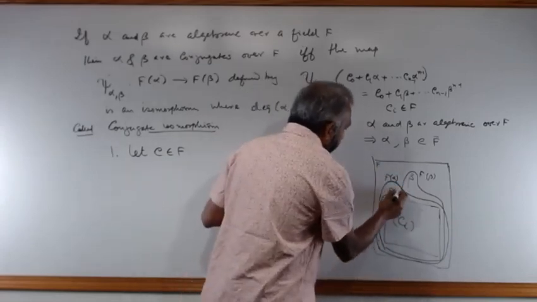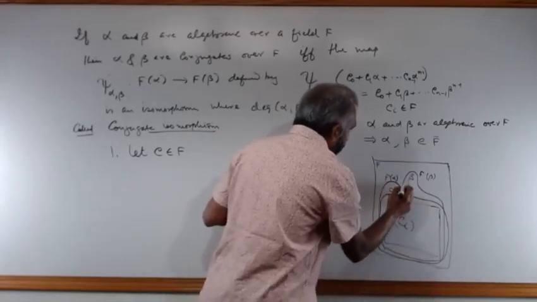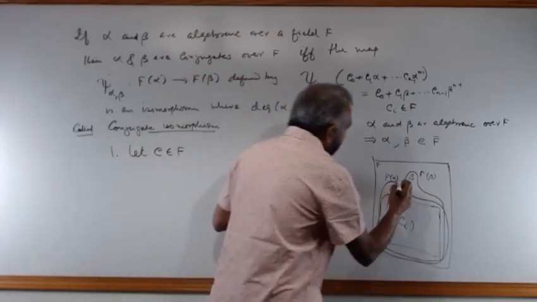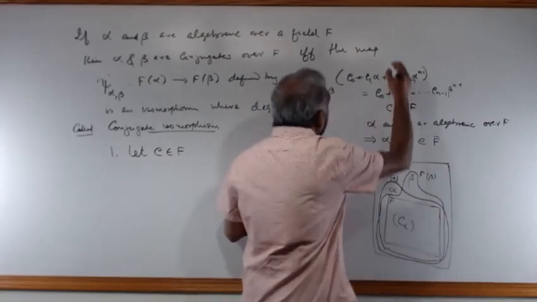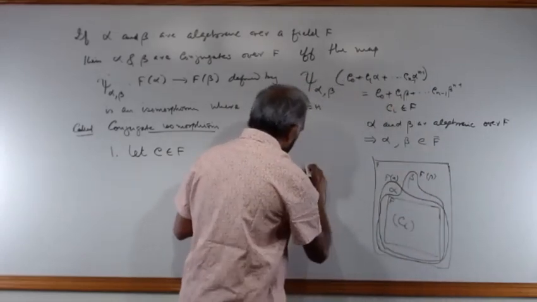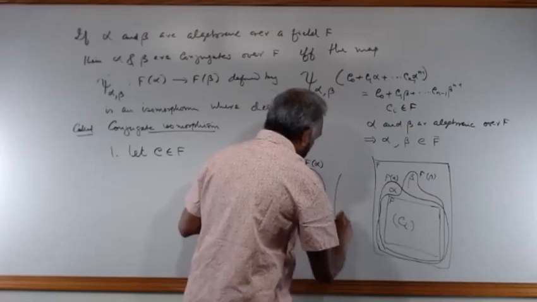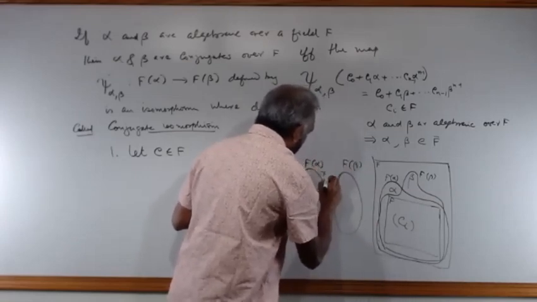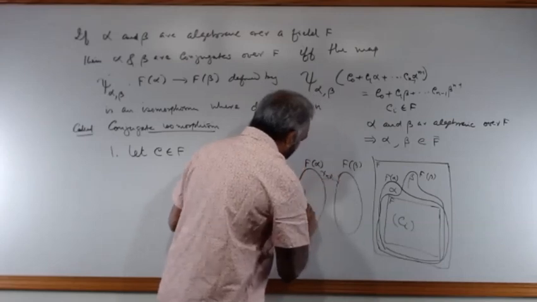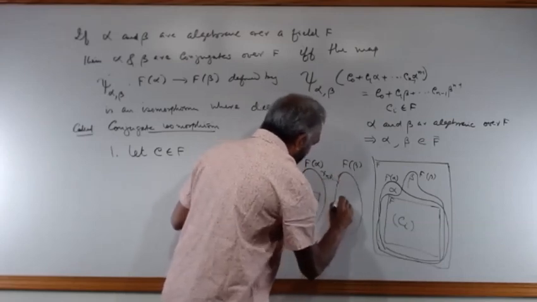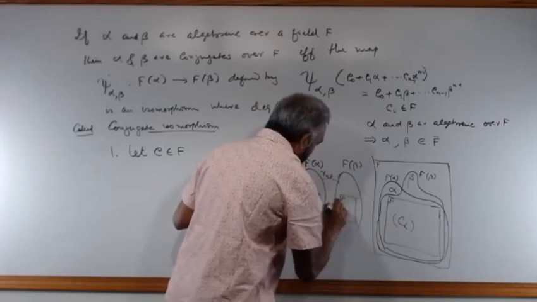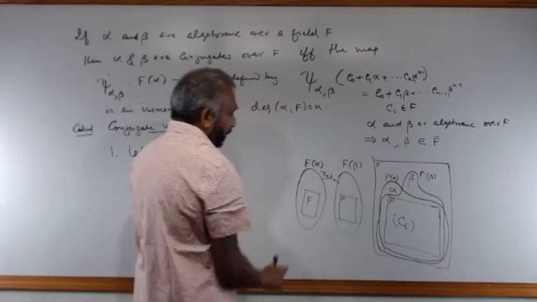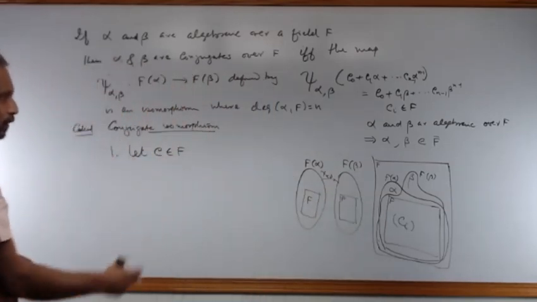So you are mapping from this field to this field. Both are extensions of F. If you draw it in a different way, it will be F(alpha), F(beta), and this is our psi alpha beta, and there is an F here and an F here. These two F's are the same, but if you want to draw it outside, this is how the picture is going to be.